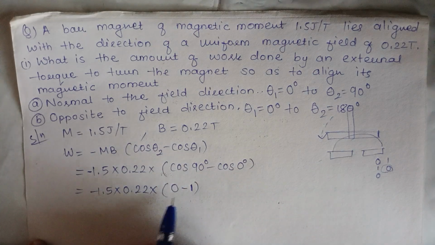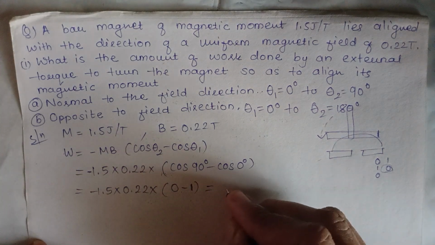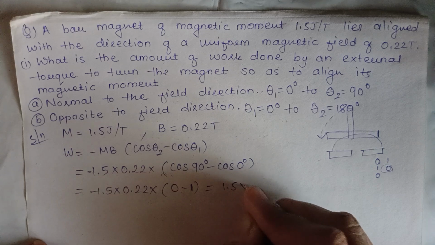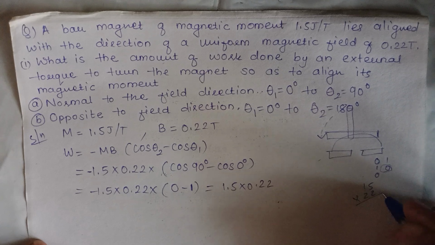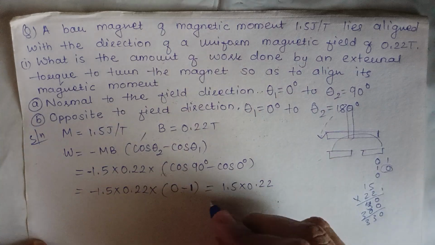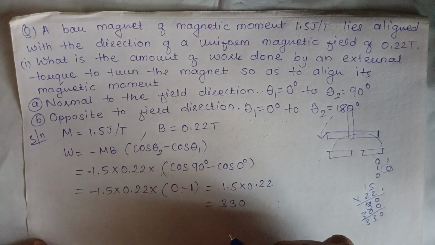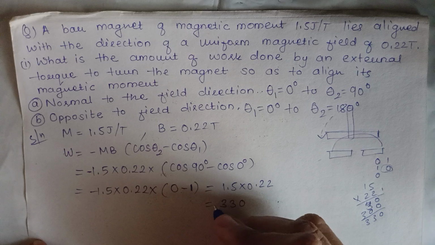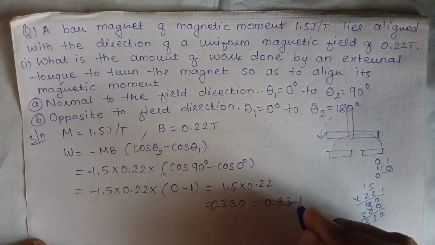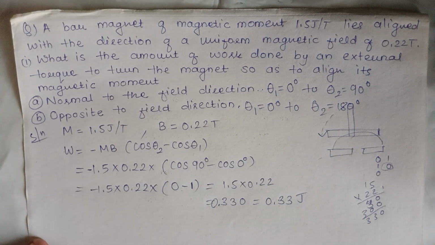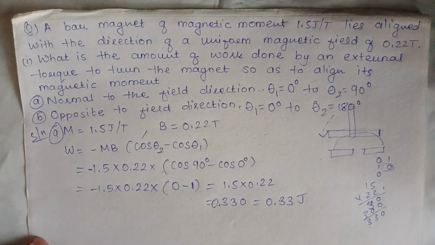Okay. So minus into minus becomes plus 1. So this is 1.5 into 0.22. 15 into 22 is 330, and after 3 decimal points, 0.33 joules. Okay. This was from 0 to 90.